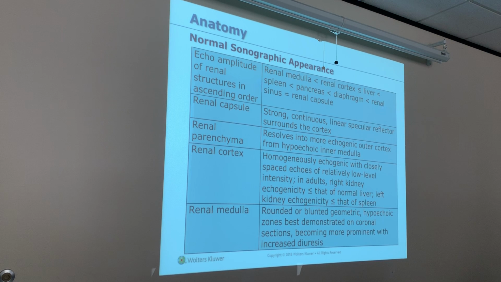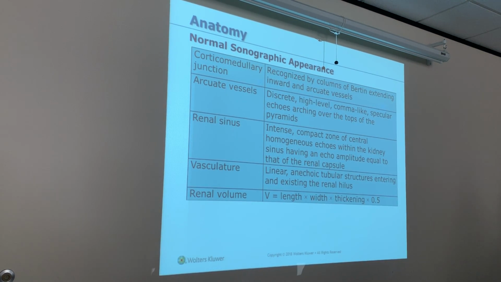Okay? Corticomedullary junction. That is the area where the arcuates are located that separates the cortex from the medulla.